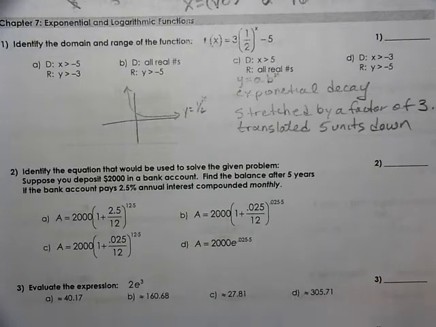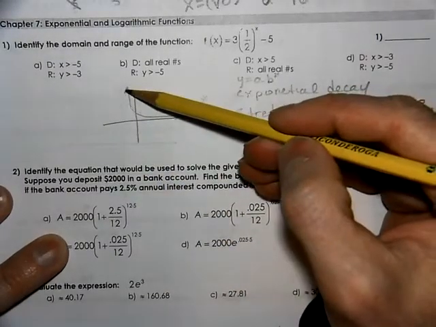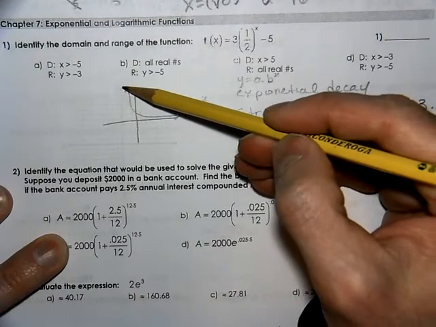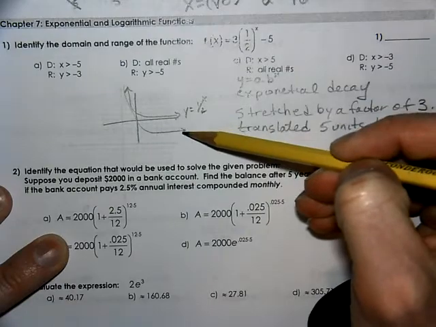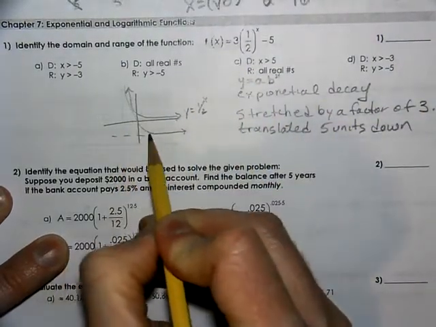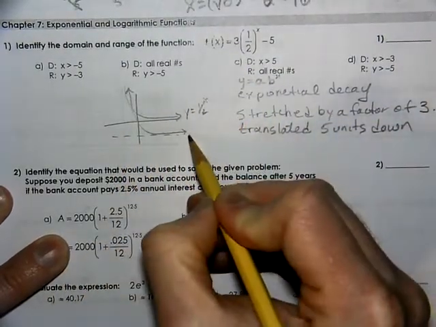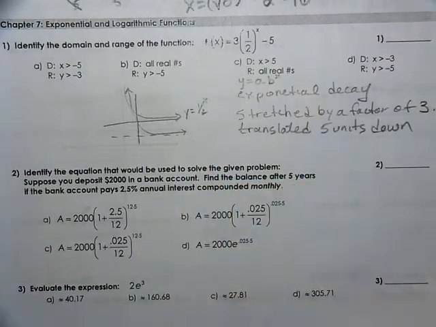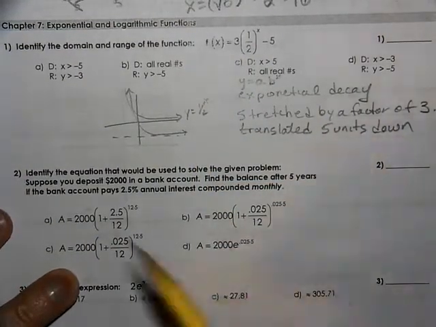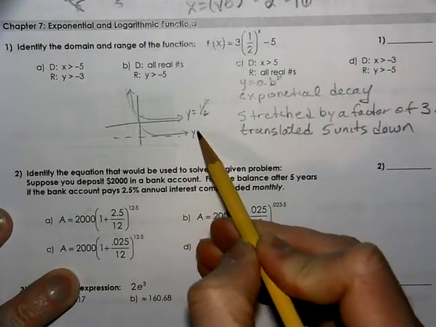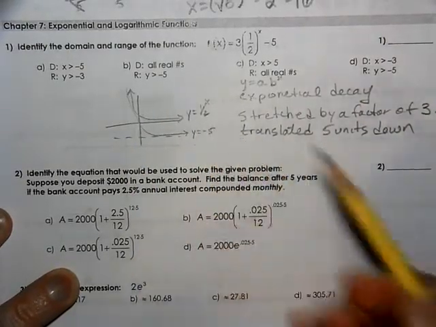The stretching's not going to make a big difference in the domain and the range, but when we drop it down 5 units, we're looking at how far we come down, which is y equals -5.